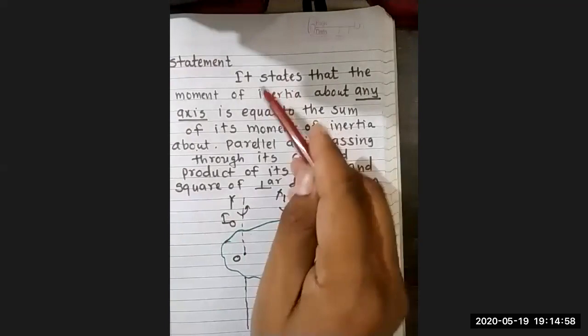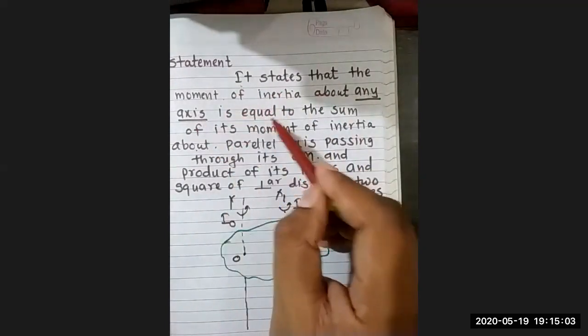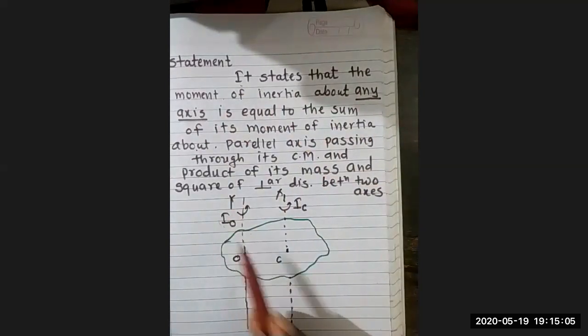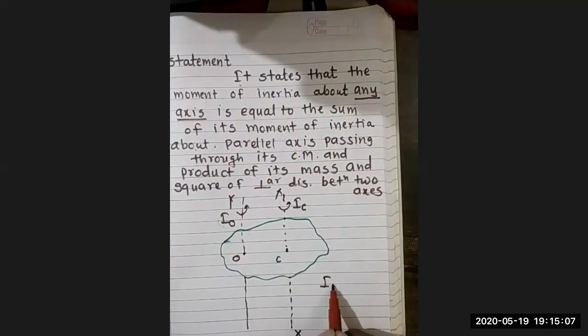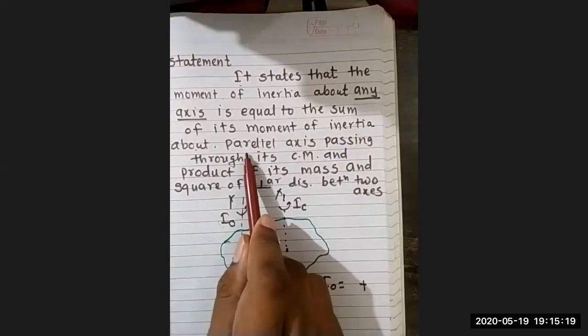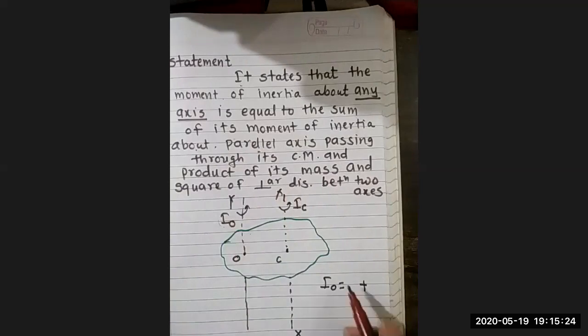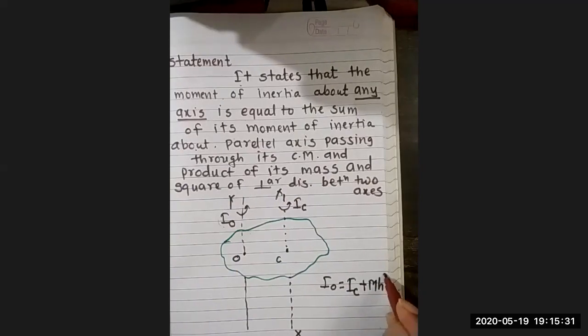So what is given in the statement? The moment of inertia about any axis is equal to the sum of its moment of inertia about a parallel axis passing through the center of mass and the product of mass and the perpendicular distance squared.